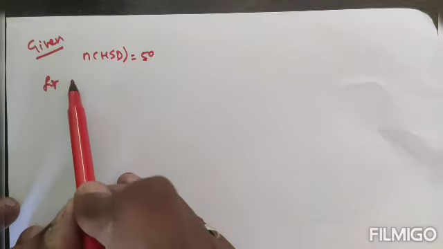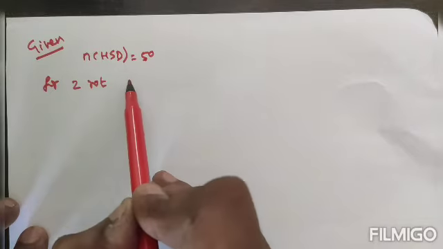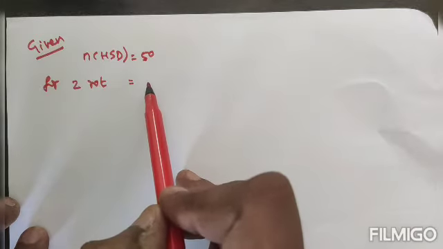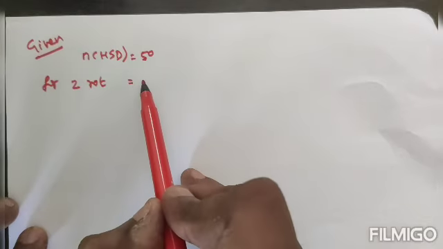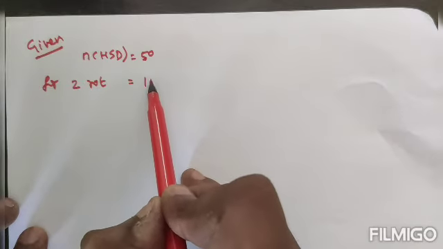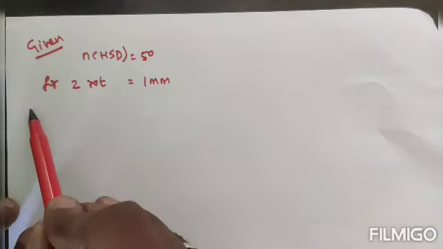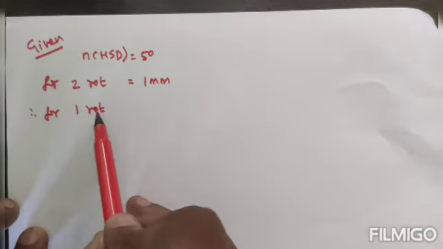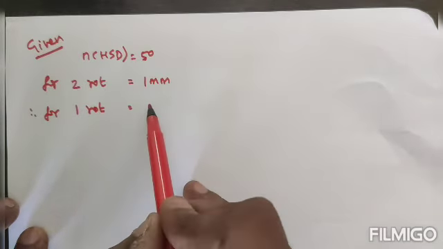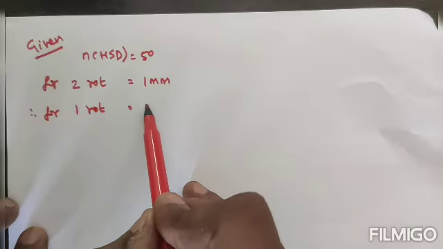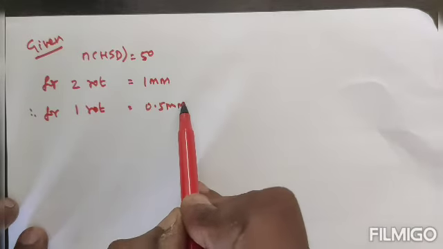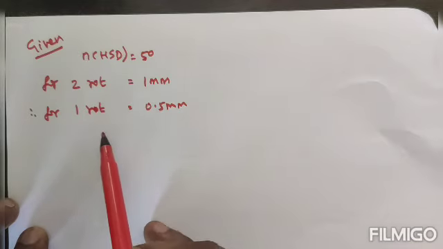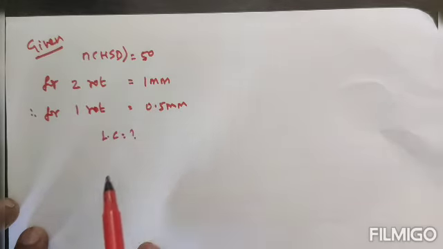For 2 rotations, 1 millimeter is moving. Therefore for one rotation, half a millimeter is moving, that is 0.5 millimeter. Now we are going to find the least count.